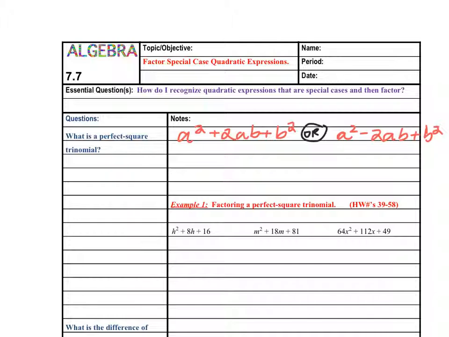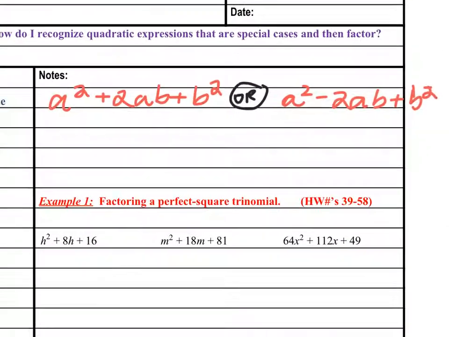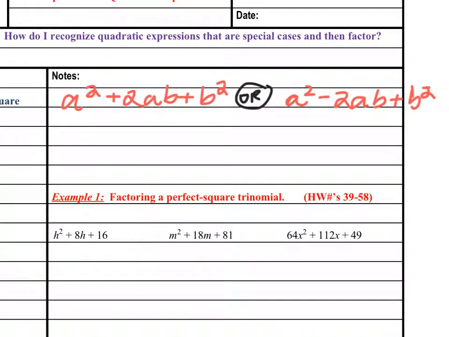And when we see things like this, our shortcut, so I'll do that in blue. The shortcut for the first one, since they're perfect squares, it's going to be a plus b, squared. If you multiply that out, you get that.